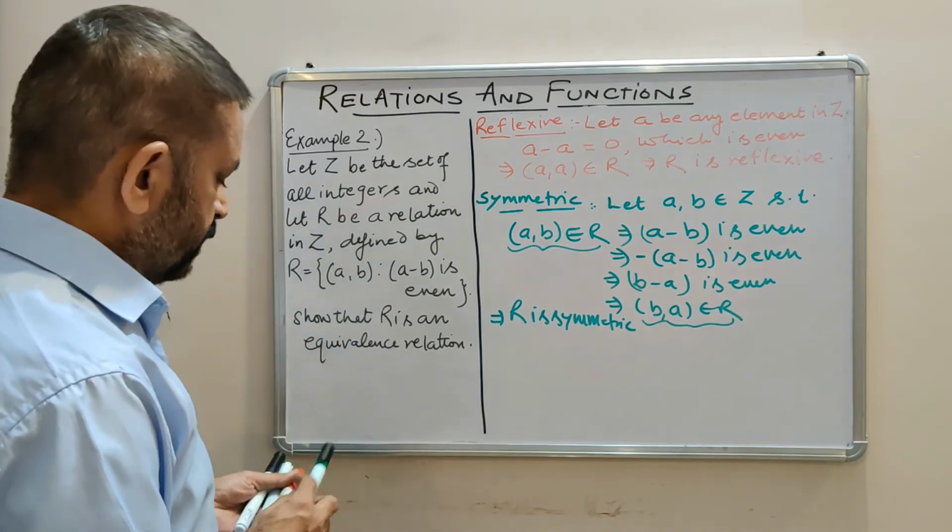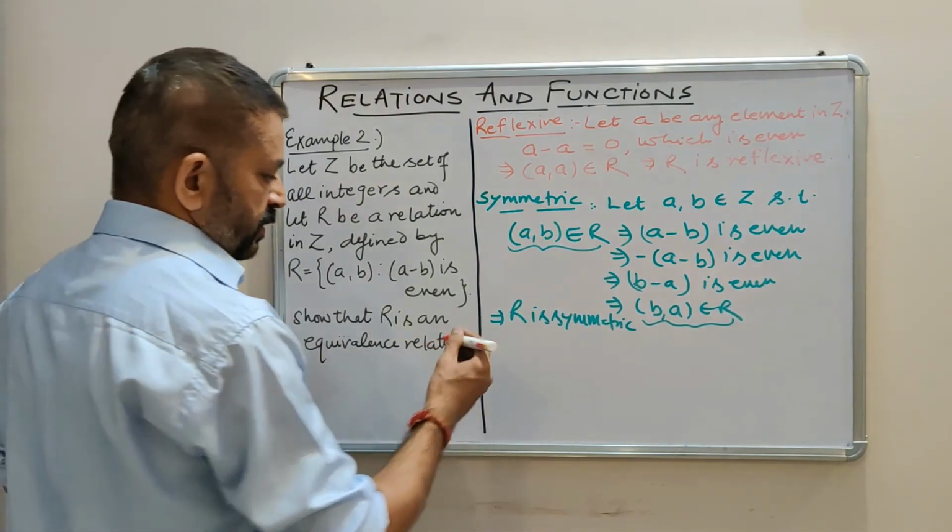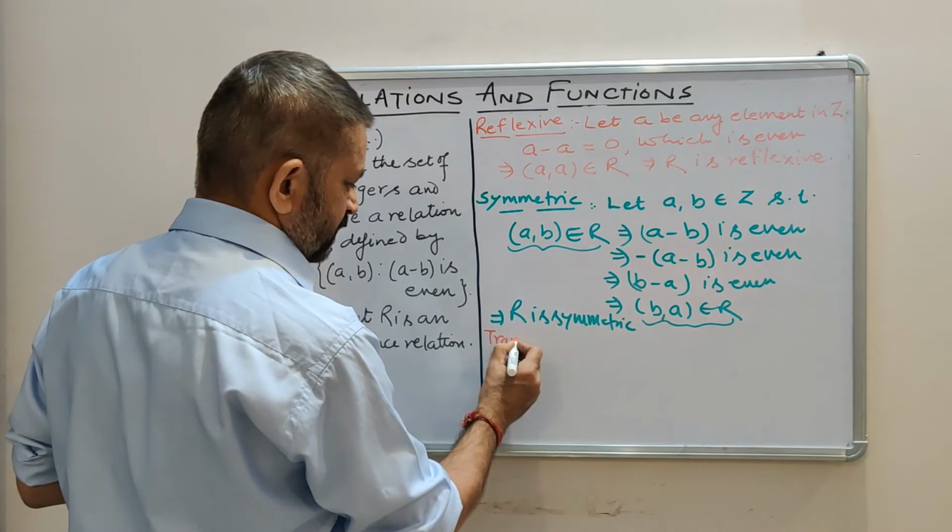Now the third type, that is transitive. We'll show this relation is transitive.